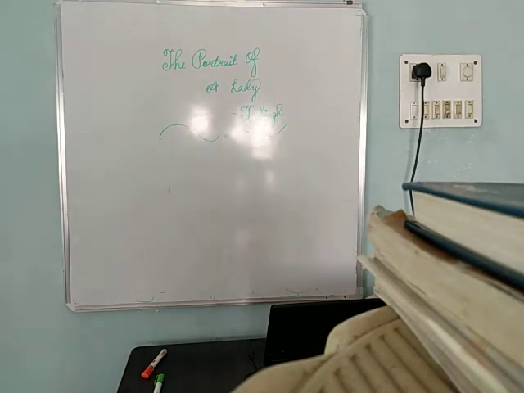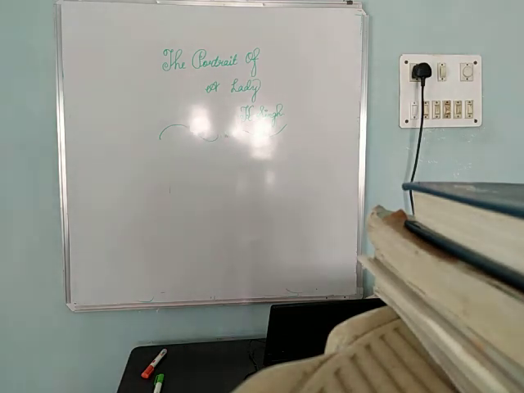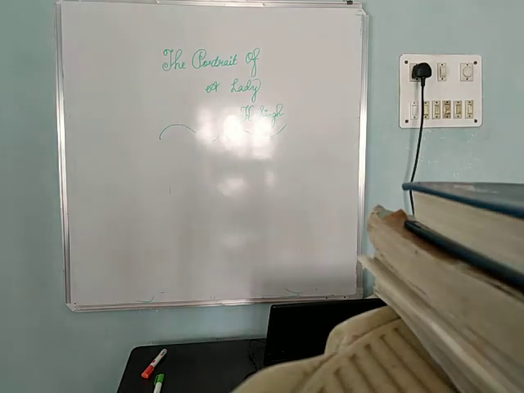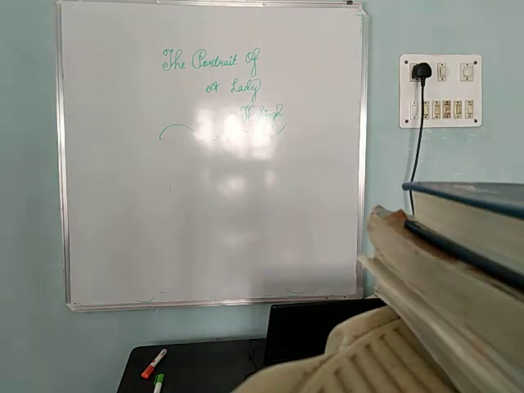Introduction means which chapter it is taken from and who wrote it. You also have to mention the theme of the chapter before answering the question. It means the first paragraph is the introduction, and in the second paragraph you write the answer to the question being asked.